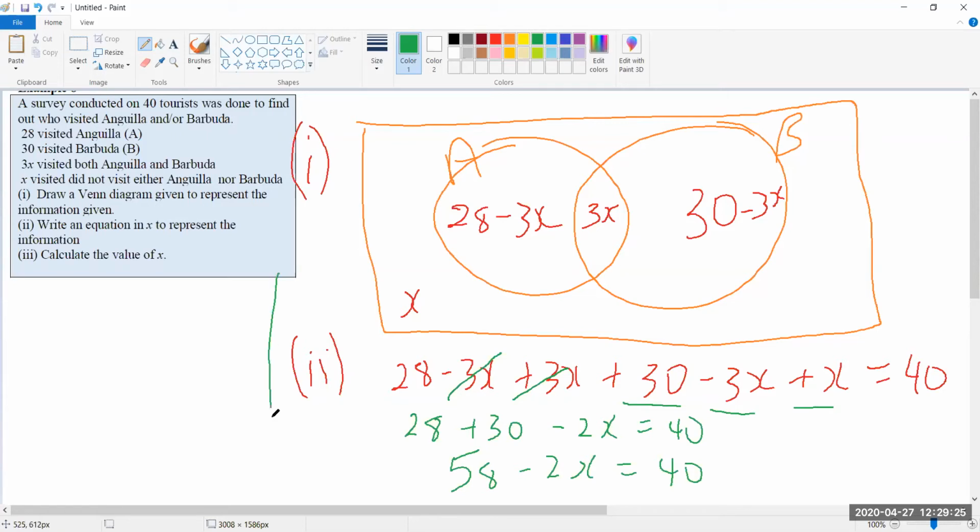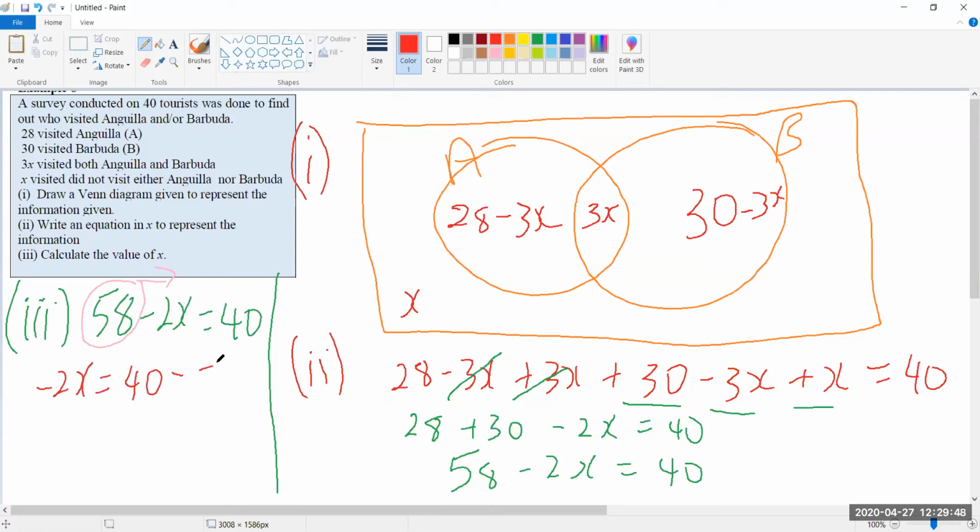The third part, let me do it quickly over here. We have to find the value of X. So that will be 58 take away 2X equal to 40. So we immediately know that we have to take across this 58. So what will we be left with? -2X here is equal to 40 take away 58. So -2X is equal to -18.